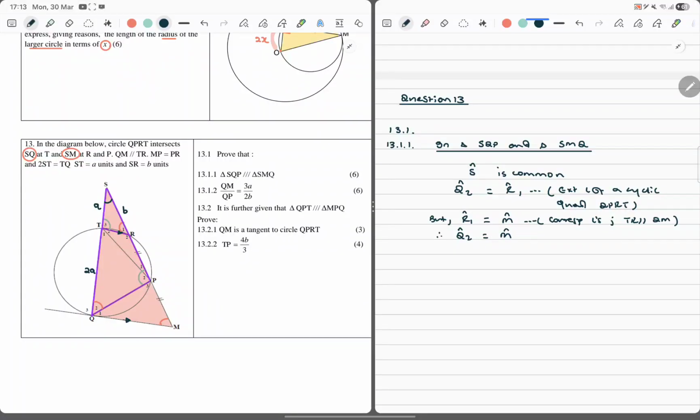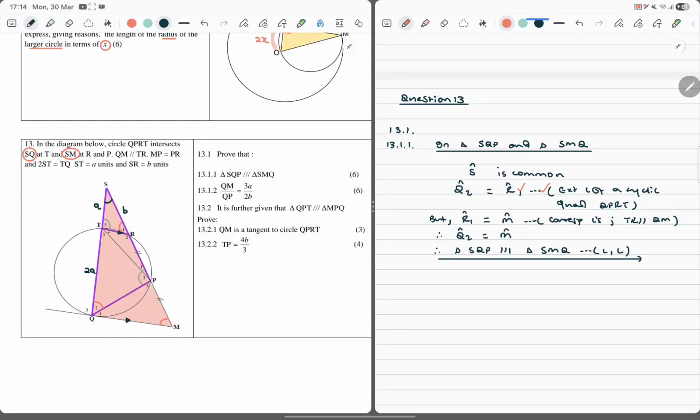Now once we have two sets, we can make the conclusion that triangle SQP is similar to triangle SMQ. This is angle, angle. We don't need the third angle, it's automatically implied. Okay, so let's see what is the story here.